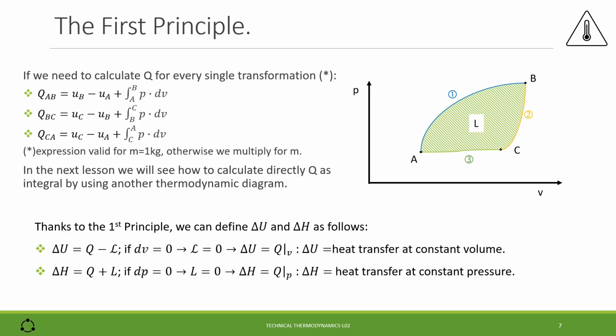Delta H is capital Q plus technical work, but if delta P is 0, then the work is 0, and delta H equals Q. Also, delta H we define as heat transfer at constant pressure.